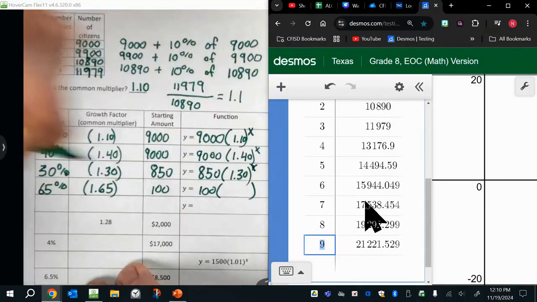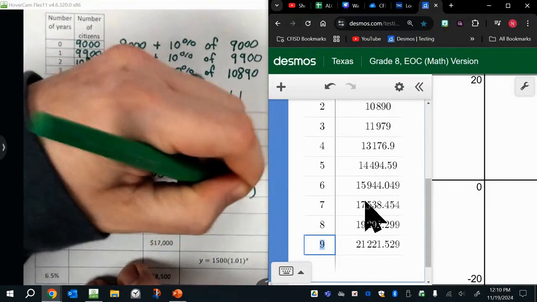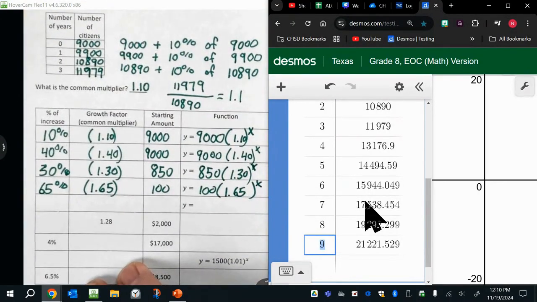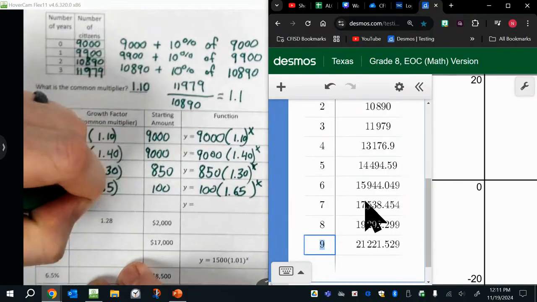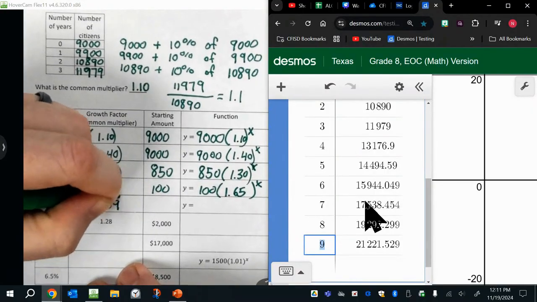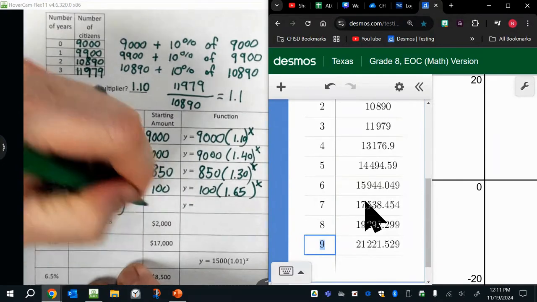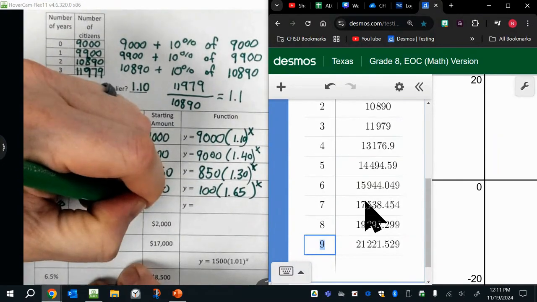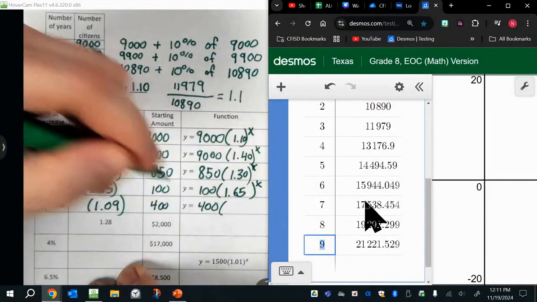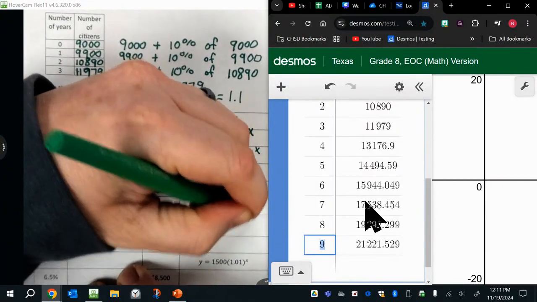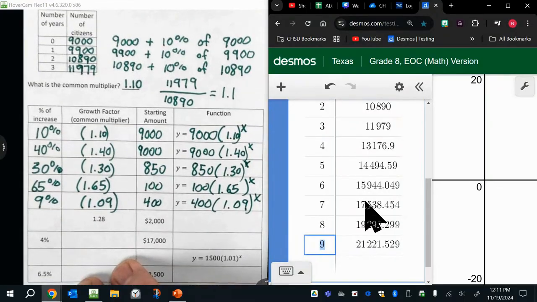So we start at 100, and this is growing by 65%. Maybe it's 9%. What would that be? 1.09. Maybe it starts at $400, and it's growing 9%.